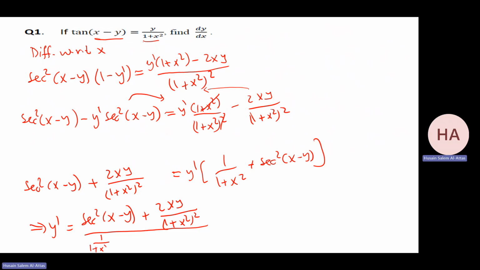You can simplify or you can leave it. It depends on the problem itself. Yeah, you can leave it, I think. The idea is similar. This is dy by dx. y prime will be this by this. Okay.